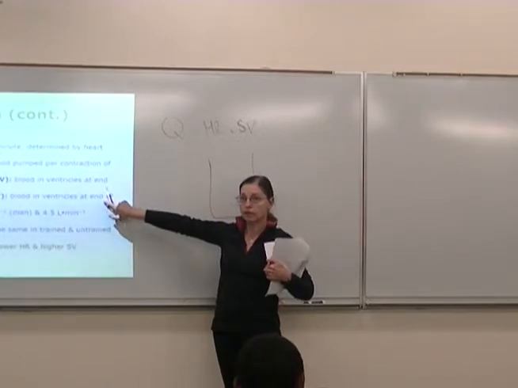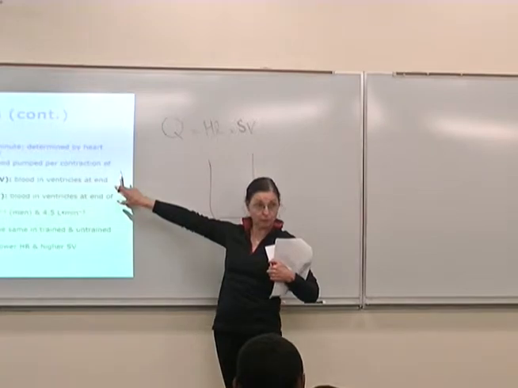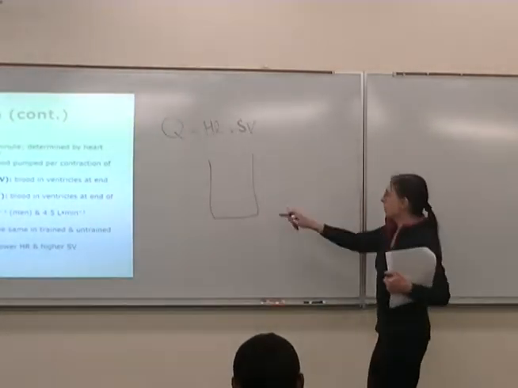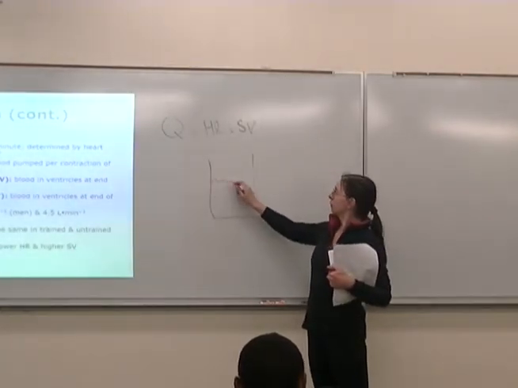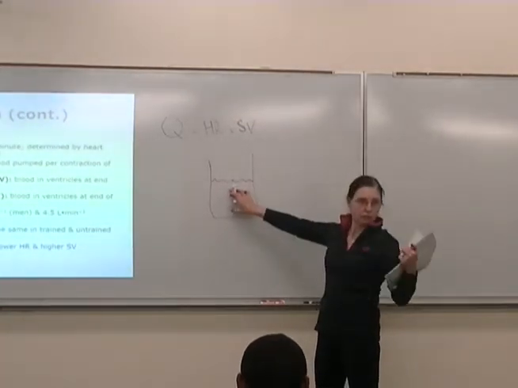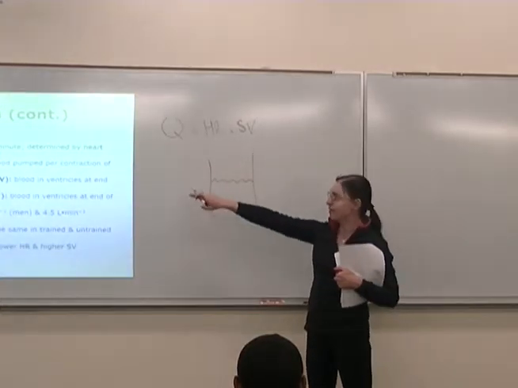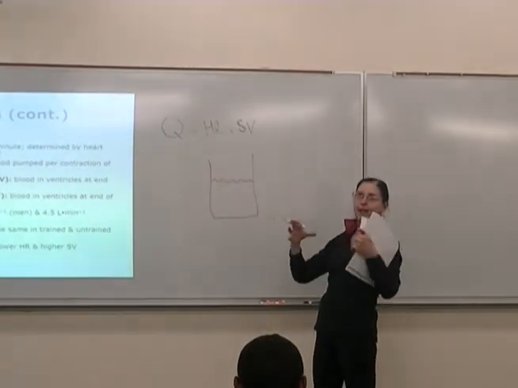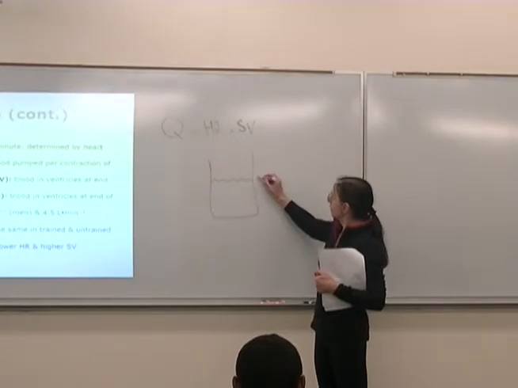Systole is the high number, the contraction. Diastole is the lower number, the relaxation. When the ventricle relaxes, it fills up with blood, and given sophisticated equipment you can measure that amount. That's called the end diastolic volume, how much blood is in the heart at the end of the relaxation phase. So that's EDV.